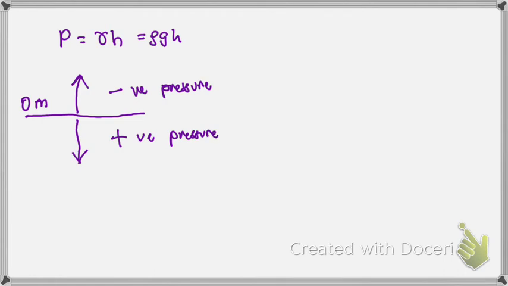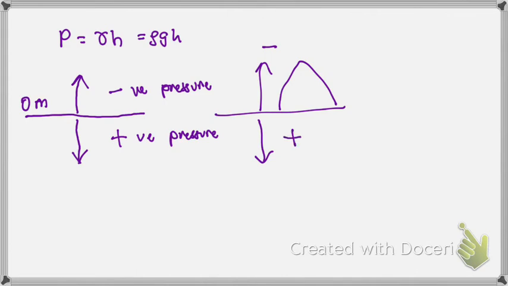If you go up on a mountain, pressure decreases. If you go down the sea, deep into the sea, then pressure increases. So that is the first important equation.